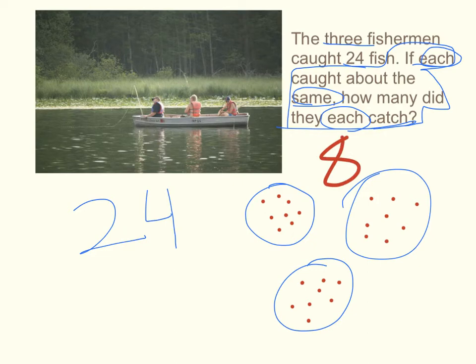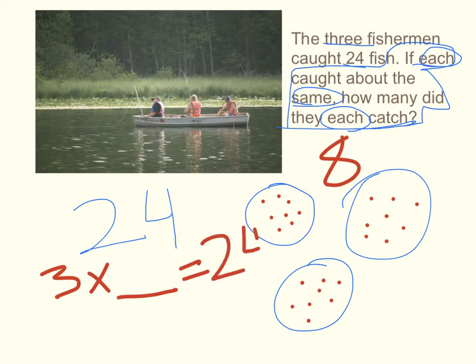I could have solved this a couple other ways: there are 3 fishermen times something equals 24, and I know 8 goes there. Or I could have done repeated subtraction. However, bottom line here, they gave us the total amount, the 24 fish. They told us how many it was broken up by, and we wanted to know how many they each caught. So as long as you're really thinking about these word problems and analyzing them, it's really easy. You see same, that means equal. There's a lot of important things there.